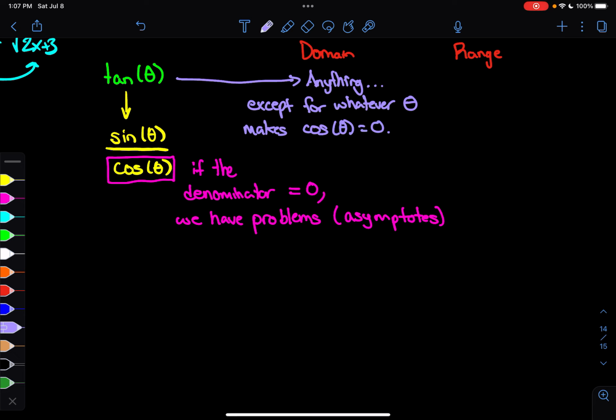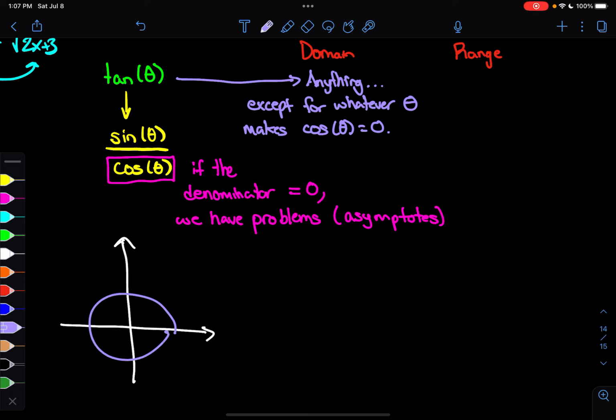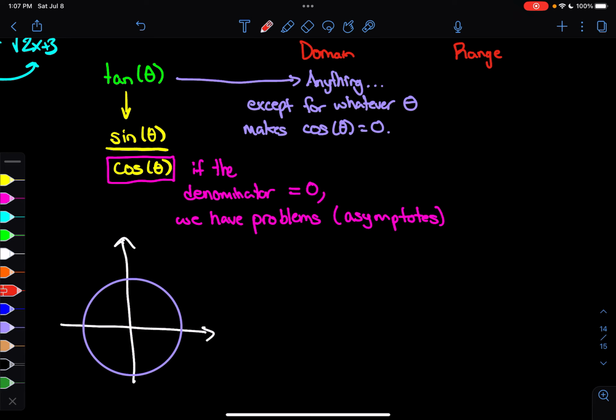So again, here's our unit circle to help us with our thought process. So there's our unit circle. And so the question is, for what angles, for what theta will cosine of theta equal 0?